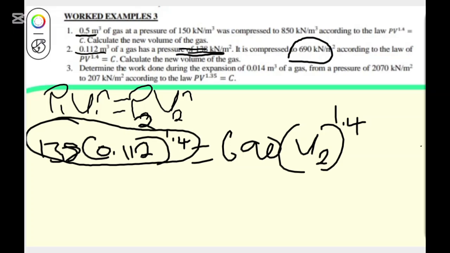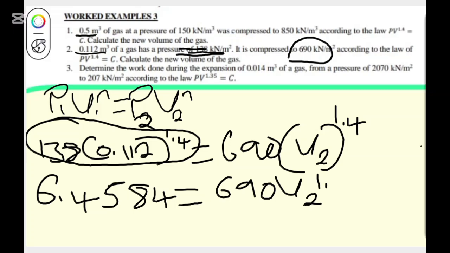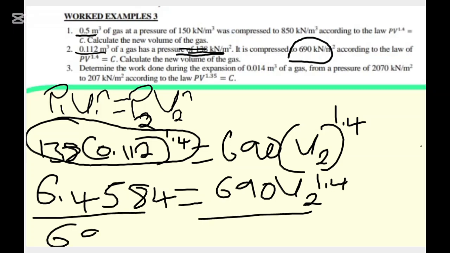I'll get 6.4584, which should now be equal to 690 V2 to the power of 1.4.